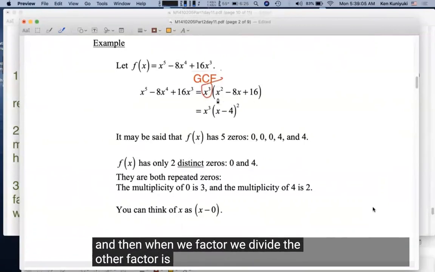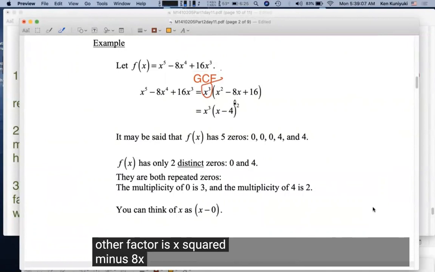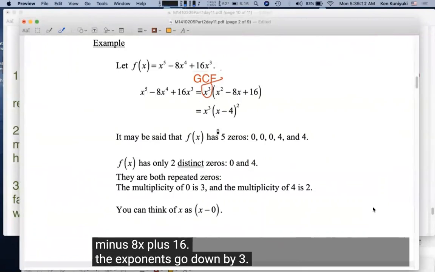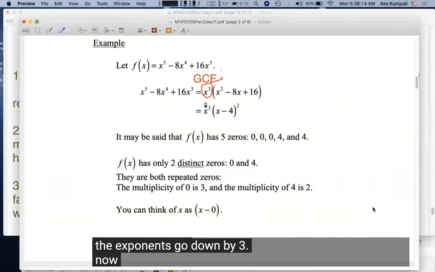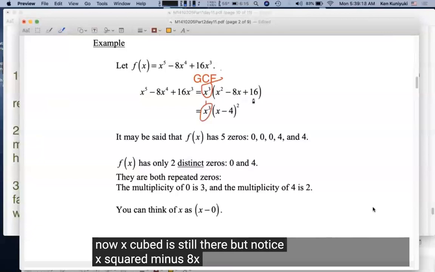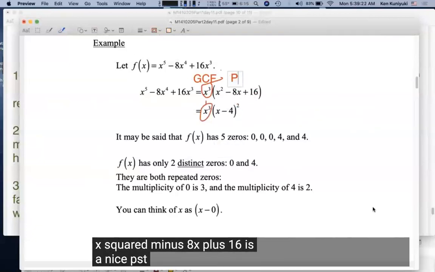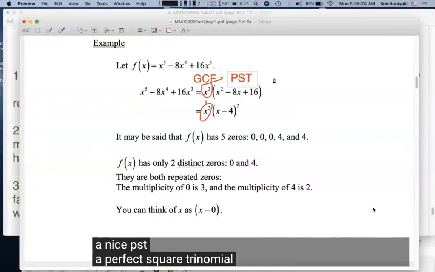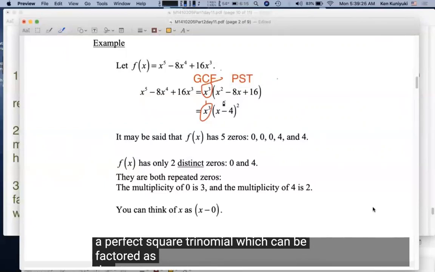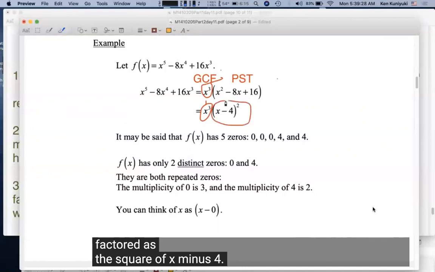The other factor is x squared minus 8x plus 16. The exponents go down by 3. Now, x cubed is still there, but notice x squared minus 8x plus 16 is a nice PST, a perfect square trinomial, which can be factored as the square of x minus 4.